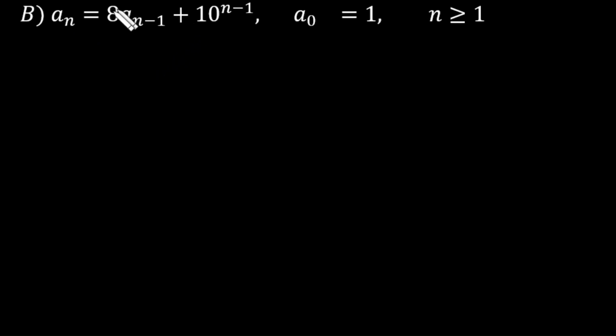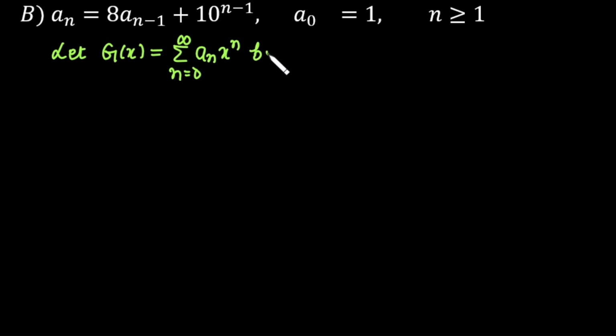Here we need to solve this non-homogeneous recurrence relation with the condition a0 is equal to 1 with the help of generating function. Step 1 is the same. So let gx is equal to summation n from 0 to infinity an x raised to power n be the generating function of sequence an.